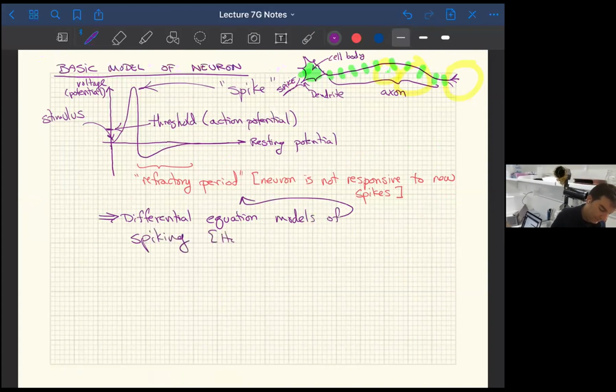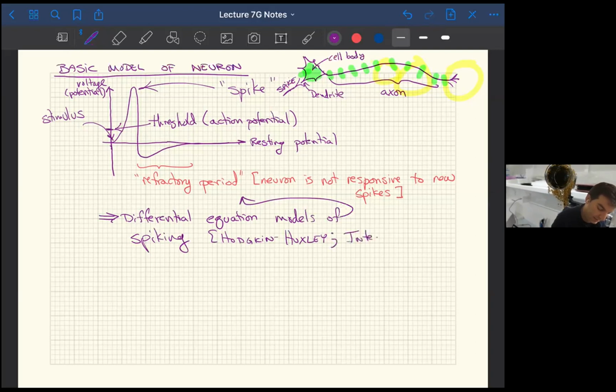Like the Hodgkin-Huxley, for example, there's integrate and fire. And then there are many more.